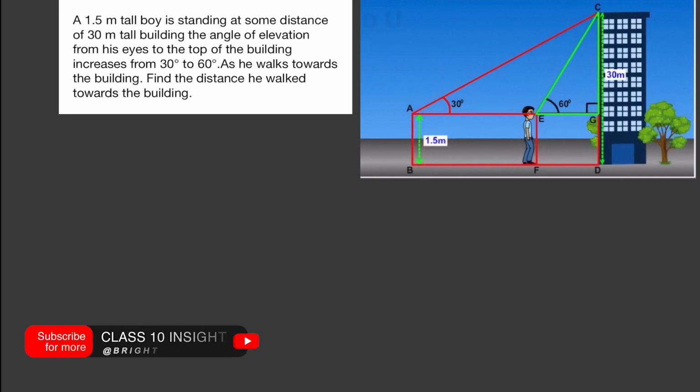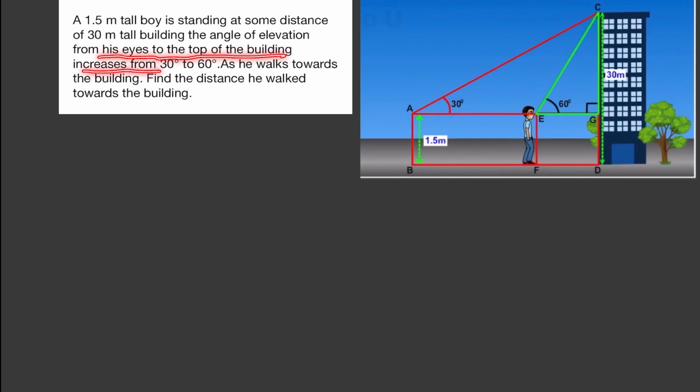The angle of elevation from his eyes to the top of the building increases from 30 degree to 60 degree as he walks towards the building. According to the question, the boy will be standing here first. His angle of elevation towards the 30-meter tall building will be 30 degree.